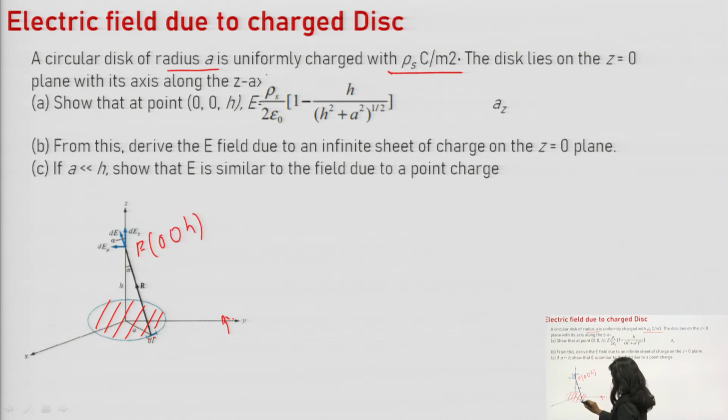Here we need to take one small differential ds, because this is a disc. We know that the ds value is equal to rho d rho d phi Az.